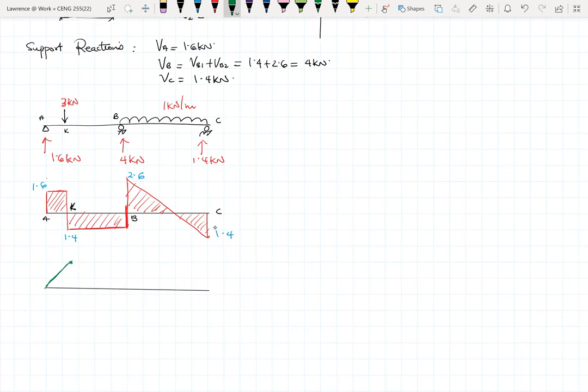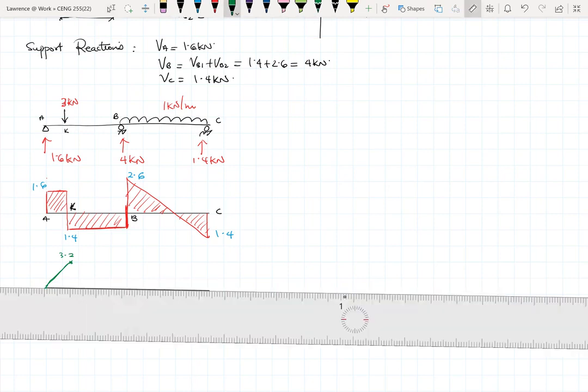Then at B, it goes all the way down to minus 2.4. So let me put in 2.4 here, and that's going to be a straight line.